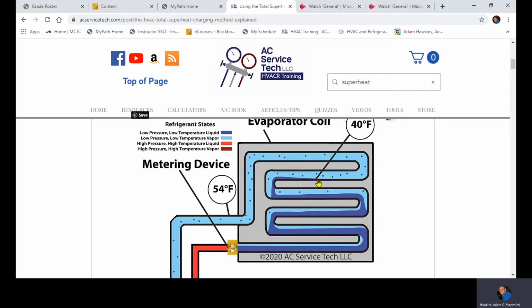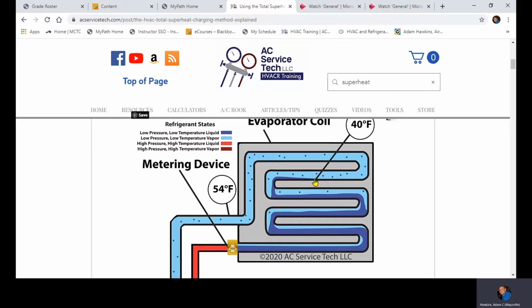So once it becomes 100% liquid, or 100% vapor, every degree of heat, every BTU, every ounce of heat that's put into that coil, into that refrigerant, is going to be absorbed in the form of superheat. So superheat is additional sensible heat added beyond the point of complete evaporation, or beyond the saturation point.